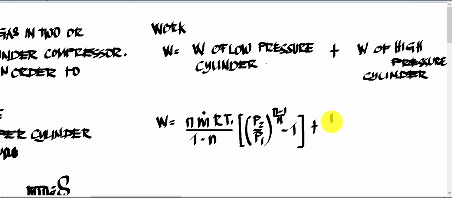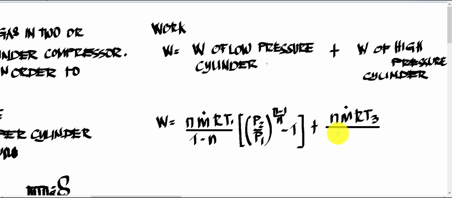Then plus again N, the mass flow rate, R, and temperature 3. So at point 3, this is already the discharge, the delivery of the discharge of the first stage compressor.